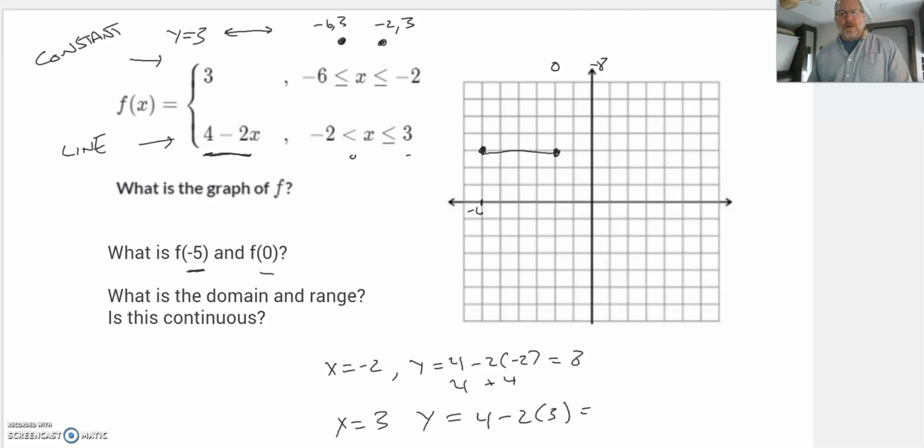Looks like 4 minus 6, or -2. So I'm going to go over into the x value of 3. 1, 2, 3 right there. And I'm going to go down 2 dots, 2 y values. And there is the point 3, -2.